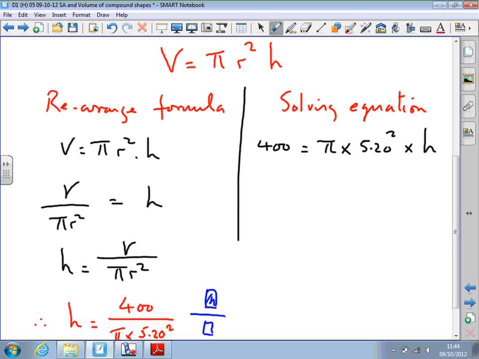So there's a couple of approaches here. One would be to leave the pi times the 5.2 squared as it is and then divide by that, so it goes over the other side, or work out what pi times 5.20 squared is. So what is pi times 5.2 squared?